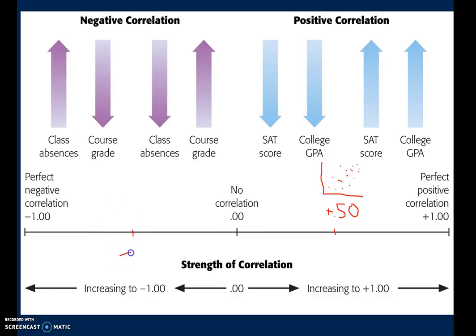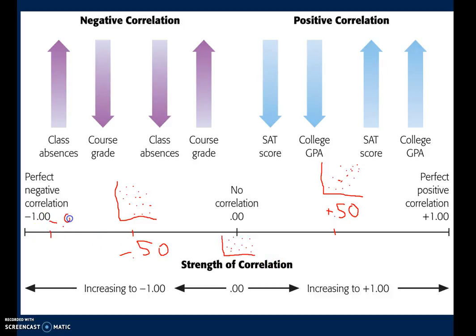Negative 0.5 scatter plot would be on this side because it's a negative correlation. That would be kind of spread out just like the other one, except downward sloping to the right. Zero correlation, anything near 0, is not really recognizable as any particular pattern, so it's just kind of all over the place.